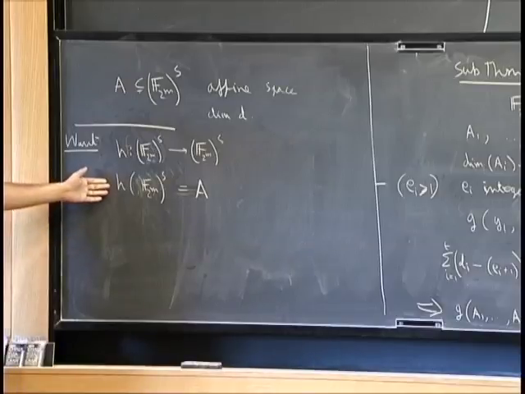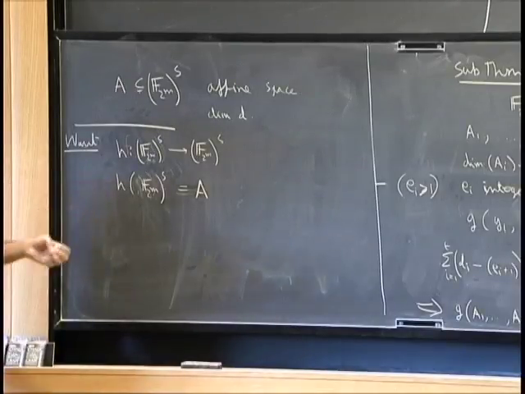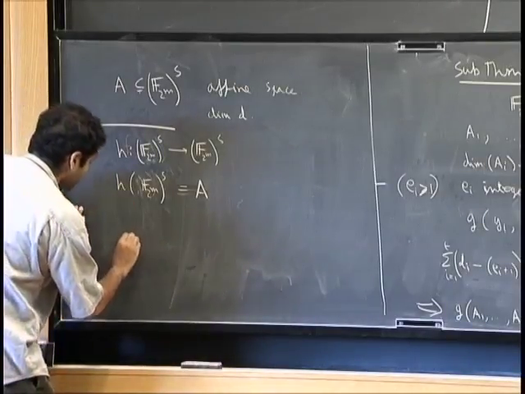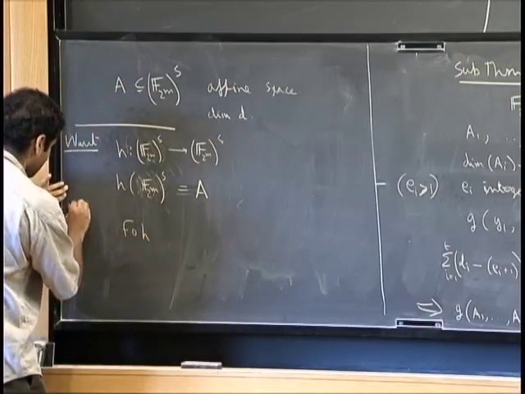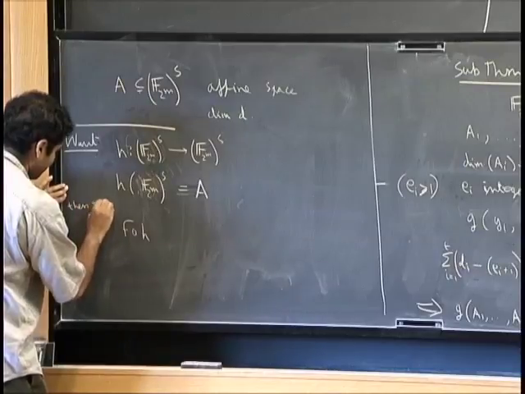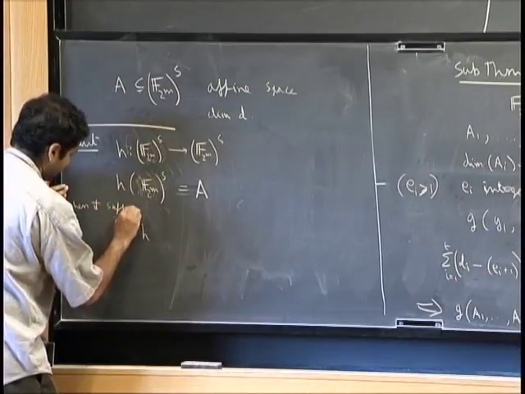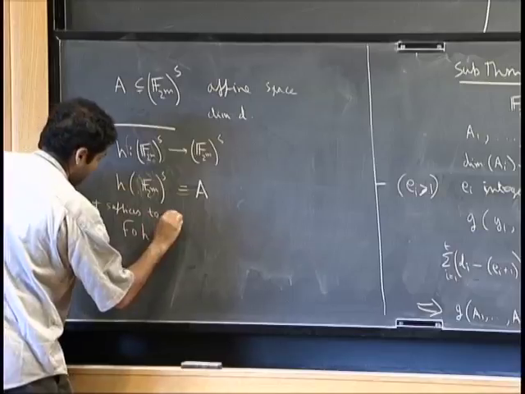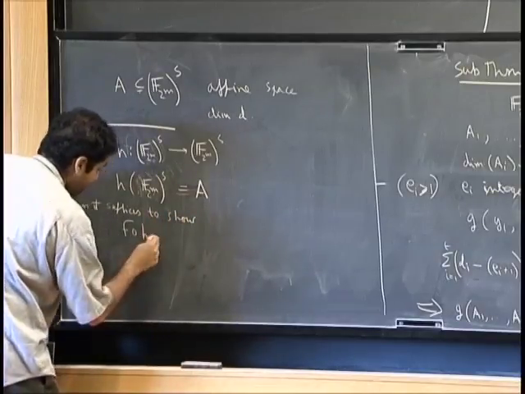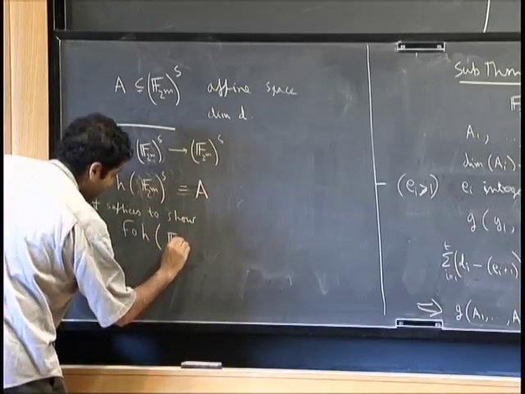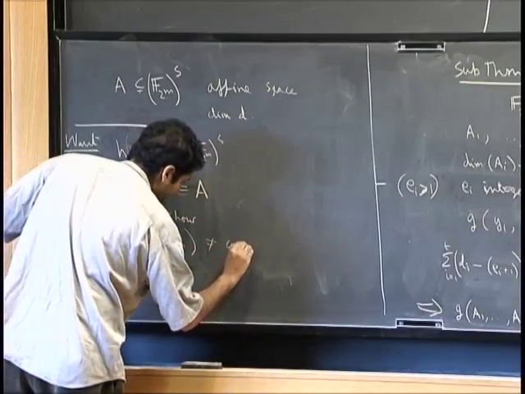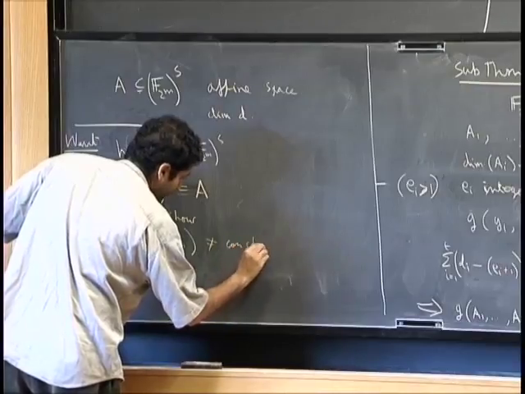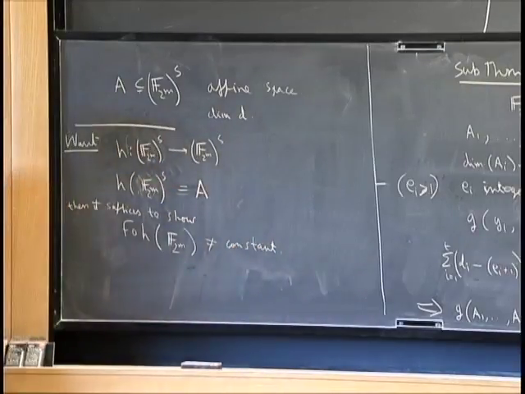Once we have such an H whose image is equal to A, then it suffices to show that F composed with H, when you look at its valuations on all of F2 to the m, is non-constant. Right, because we just parameterize the set A.